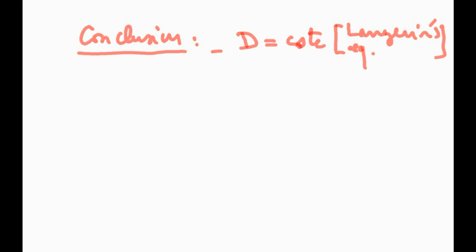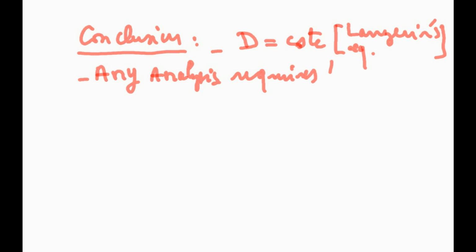So any deviation from this, we need to consider what happened at a molecular level. There is no general theory about how to calculate the diffusion coefficient from this molecular consideration. So any analysis requires to go back to the molecular level.